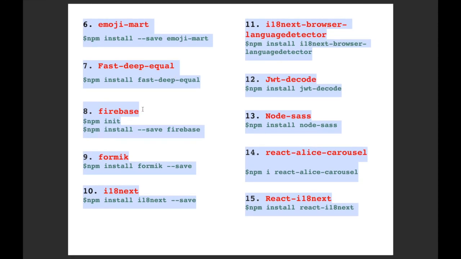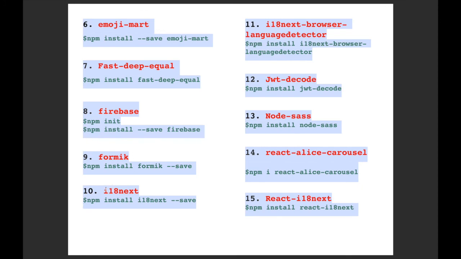And after this, Firebase. You all know that Firebase will be used to connect to our backend server. And after this, Formik. It's very clear from its name, these four words, form. So it will be used to create forms in our React project: login form, sign up form, forgot form.